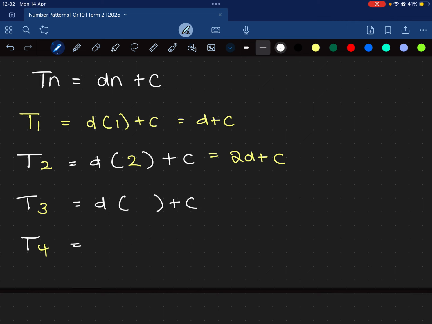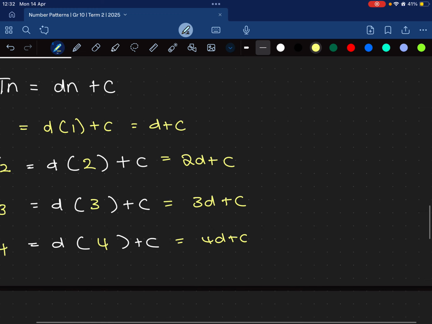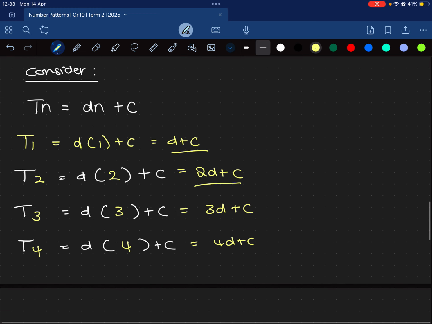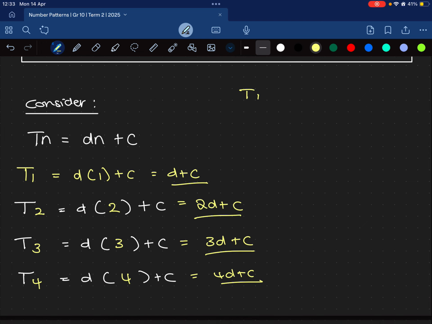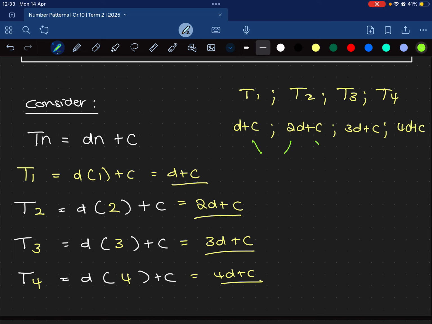Okay, so notice that the pattern just keeps repeating itself, but now replace n with 3 to get 3D plus C, and I replace this one with 4 to get 4D plus C. So if I put these terms into a general number pattern, T1, T2, T3, and T4 is the same as D plus C, 2D plus C, 3D plus C, and 4D plus C. Notice that every time all you're doing is just adding a D, which again is how we find that common difference.